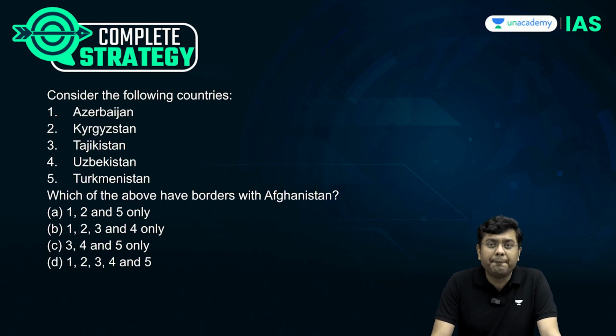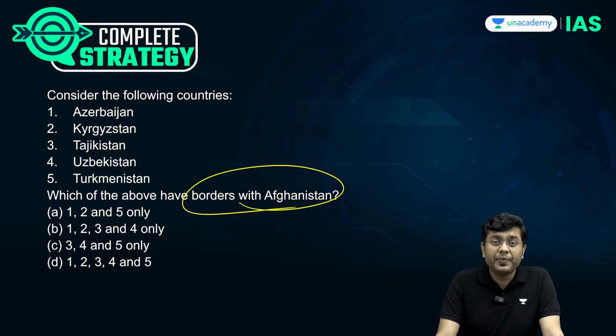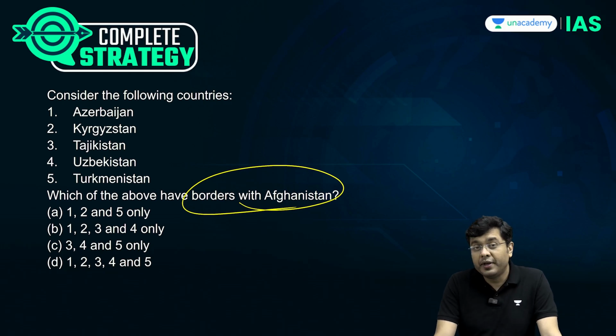The map question was about which countries have borders with Afghanistan. Now, is it a randomly thrown question at you? No. This was asked because Afghanistan was in the news. Similarly, Ukraine was asked. Similarly, Nagorno-Karabakh was asked.